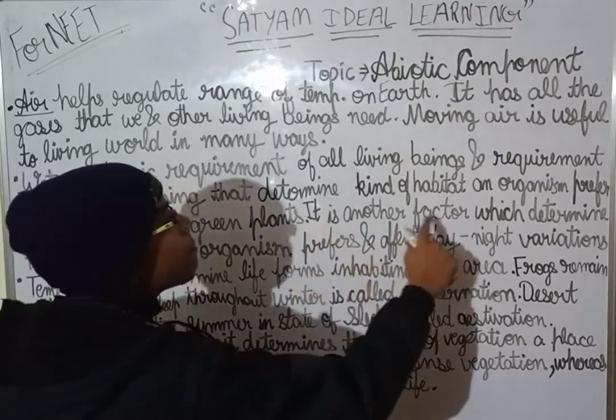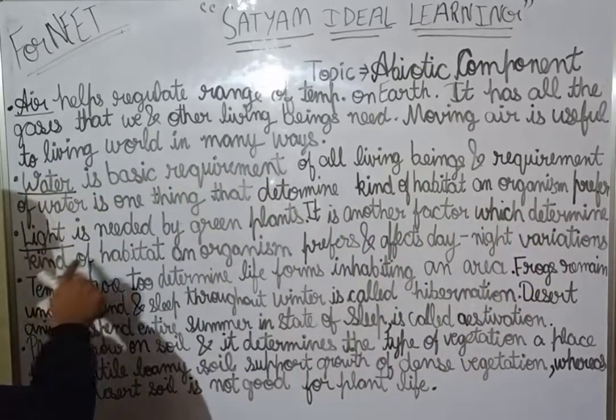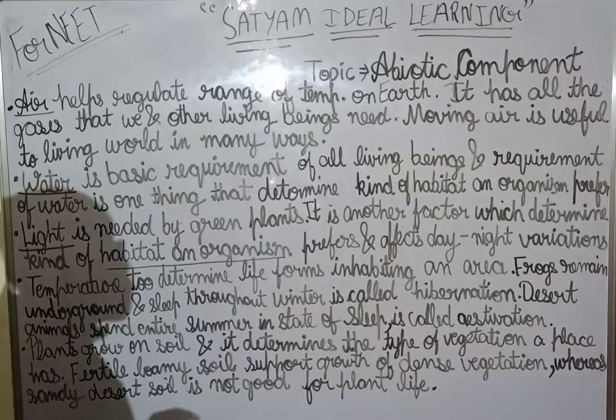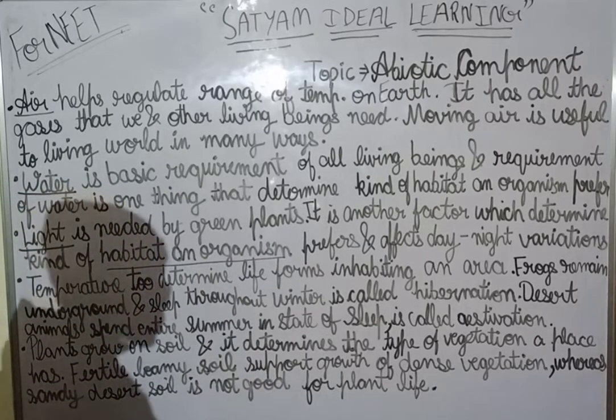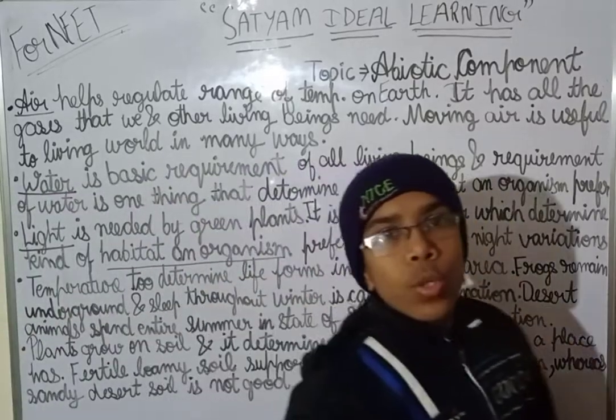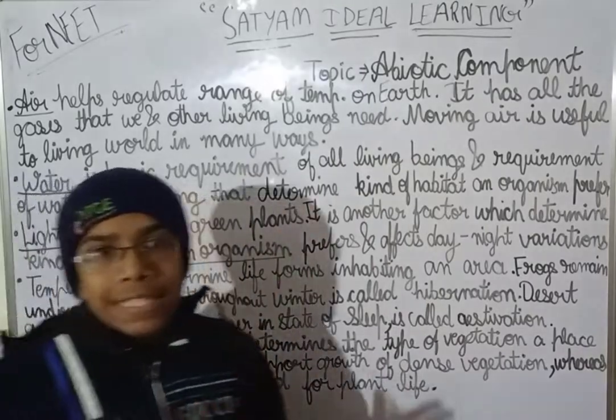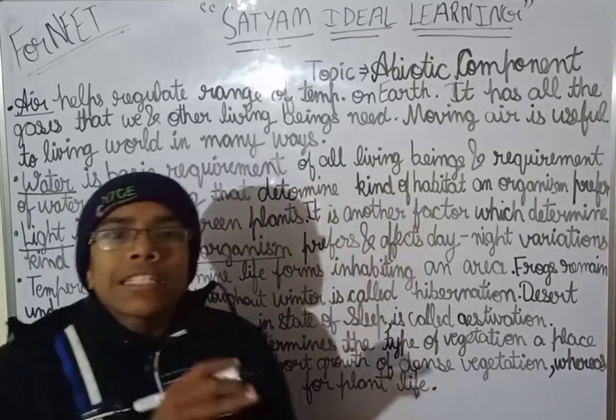So light is needed by green plants, and it is another factor which determines the kind of habitat of an organism. It also determines in which habitat an organism lives. I have told you that among plants also there are some plants that need less light. So they live in shady areas.